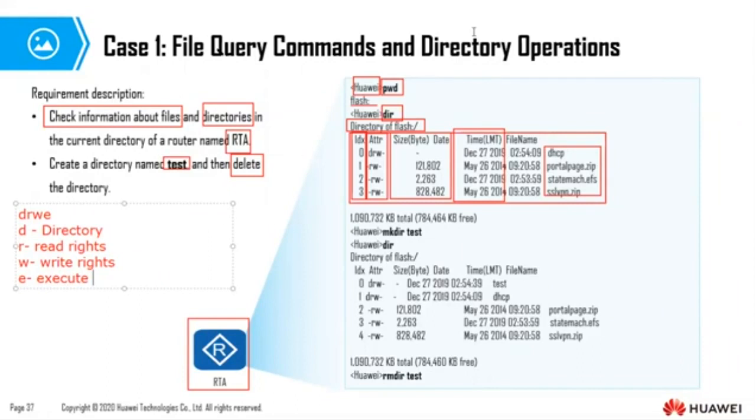So we can see here that our very first file is a directory because it has a D. It has D for directory. The other way you know that you're dealing with a directory: directories don't have an extension, while files will have an extension like .zip.